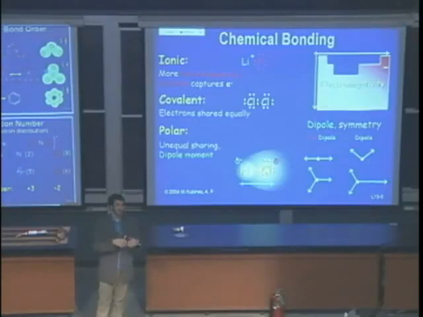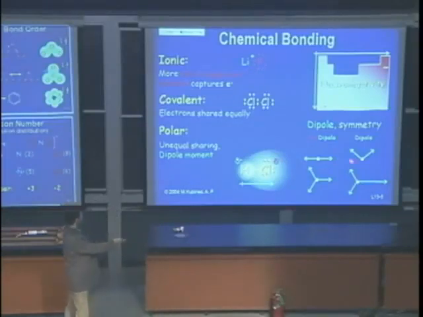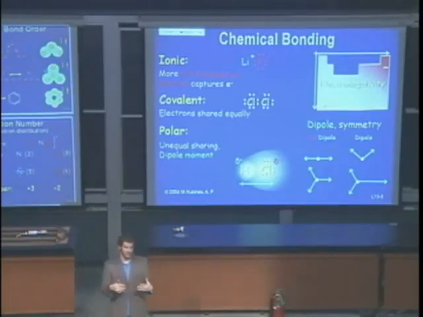And usually if we've got symmetry, symmetry is going to tend to cancel out these bond dipoles. So here we would have a central atom with 2 equivalent atoms bonded to it, but they're in a linear fashion. So the polarity of that bond is going to be pulling in equal and opposite directions. So even though the individual bonds have a dipole, the net dipole for the molecule is going to be 0.